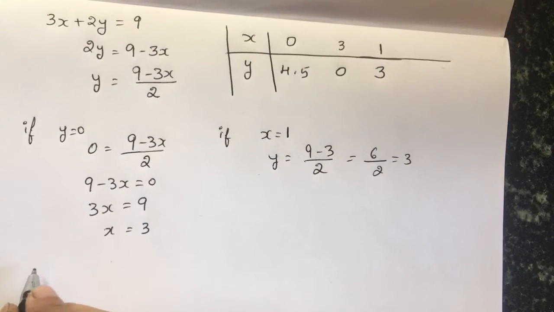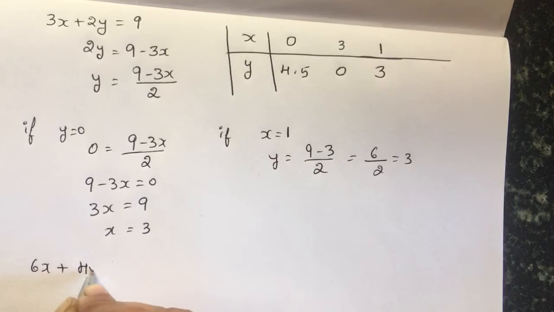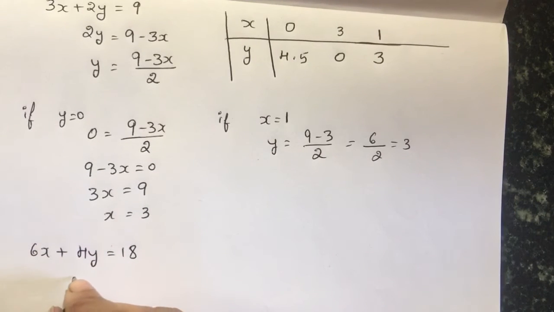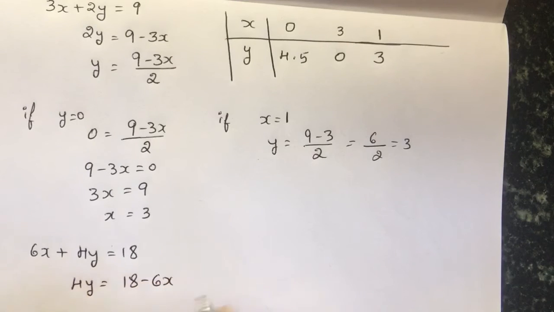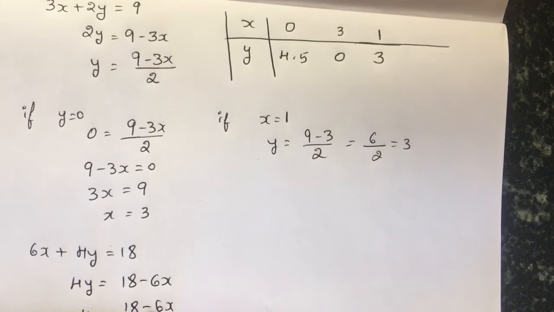Now for the second equation, it's 6x plus 4y equals 18. You rewrite the equation: 4y is 18 minus 6x, and y is (18 minus 6x) by 4. If you want, you can further simplify this equation by taking 2 outside from the numerator.